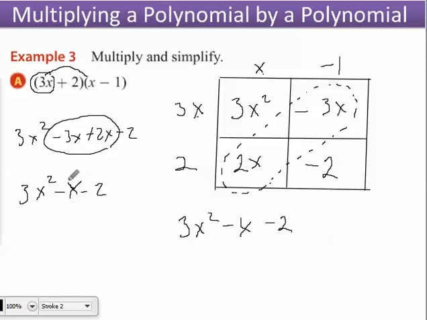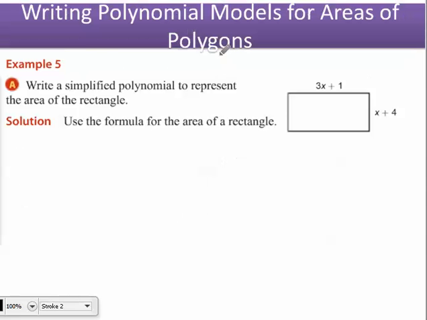The reason I like using the square method over here is it really does help me when I get to a little bit bigger problems. So here I've got a formula for the area. That's what they're wanting. Okay? So I've got 3x plus 1.